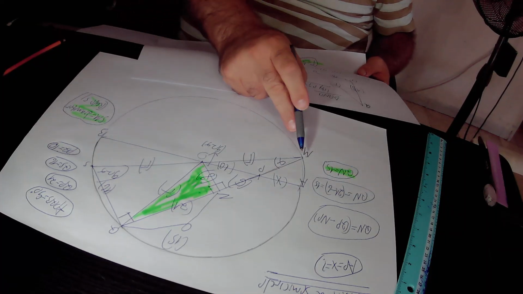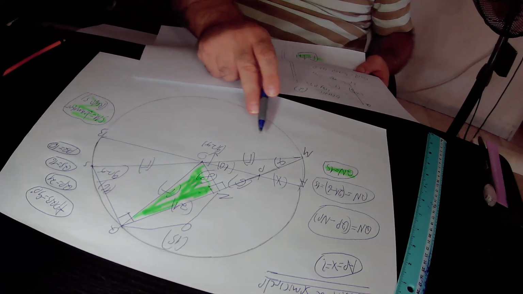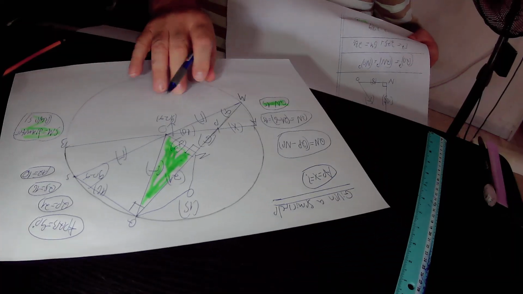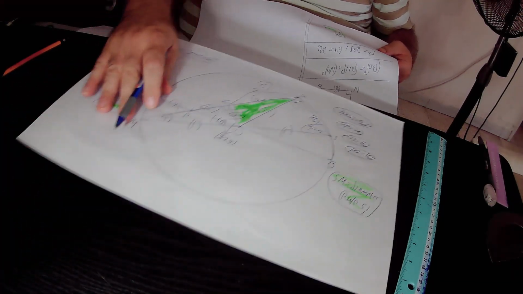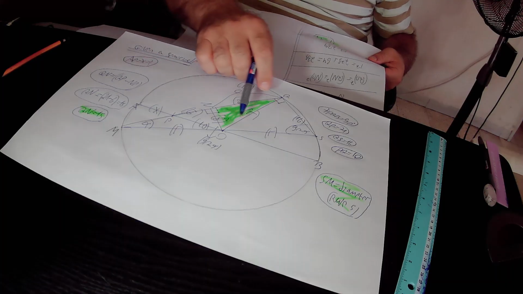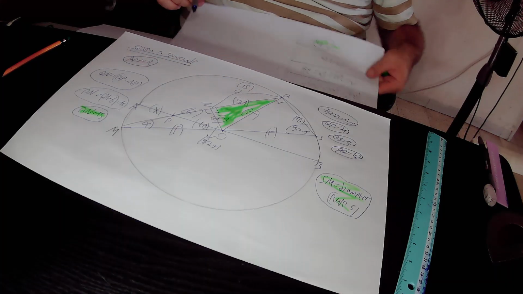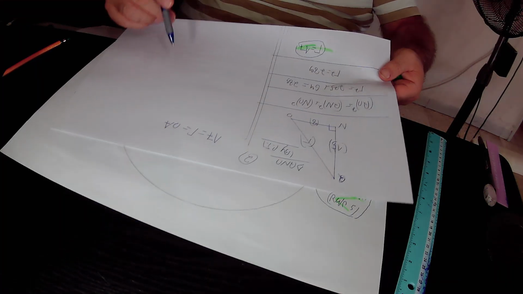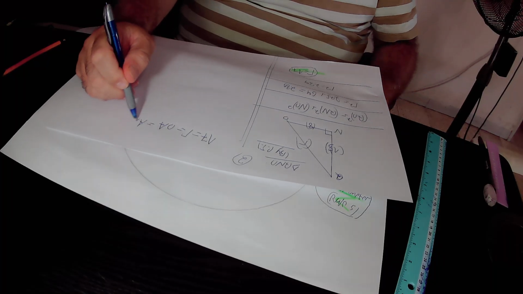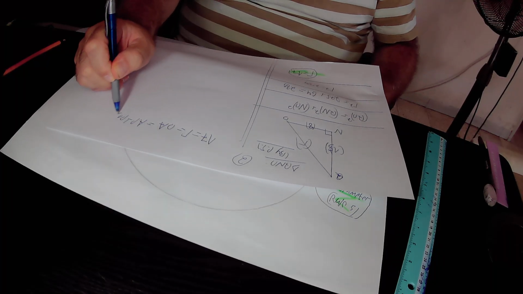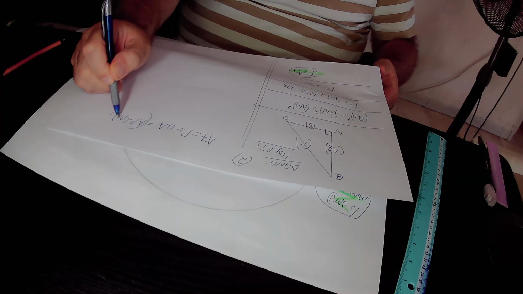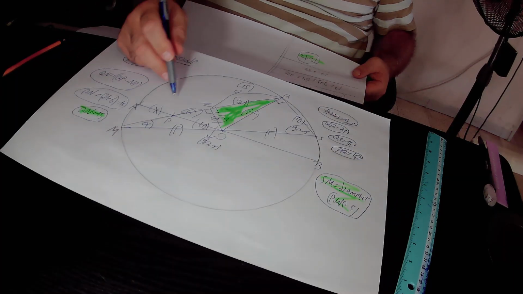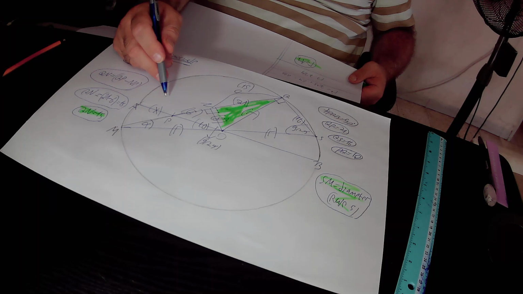But OA also equals AP plus PO. Again, OA or AO equals AP plus PO. AP is the line segment that we are looking for in this question.